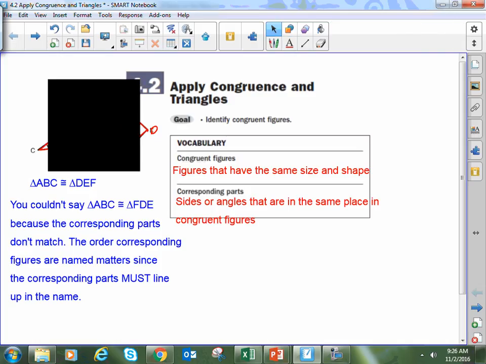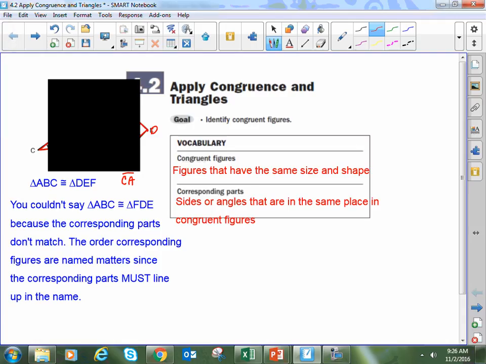But looking at the triangle ABC and DEF, the way the congruency statement is written, we can just look at the names themselves, I should say, to show what sides correspond to each other. So for instance, if I say segment CA, and I want to know what segment corresponds to it on the other triangle, all I have to do is look at the order of the letters.